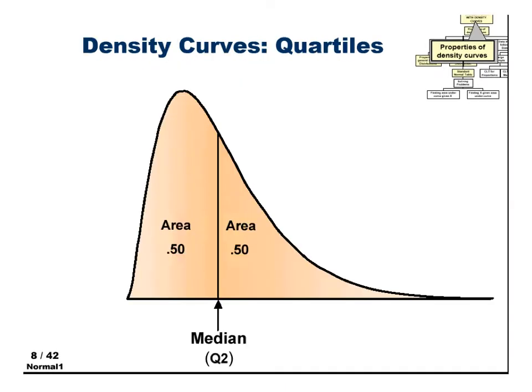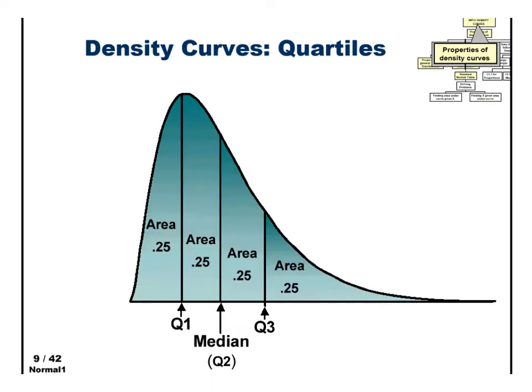So in a skewed distribution, the areas aren't necessarily equal on either side. Of course, they said for the median it is. In a symmetric distribution, the mean and the median are the same, so those areas are equal to 1/2. And you can further subdivide that into the quartiles, right?